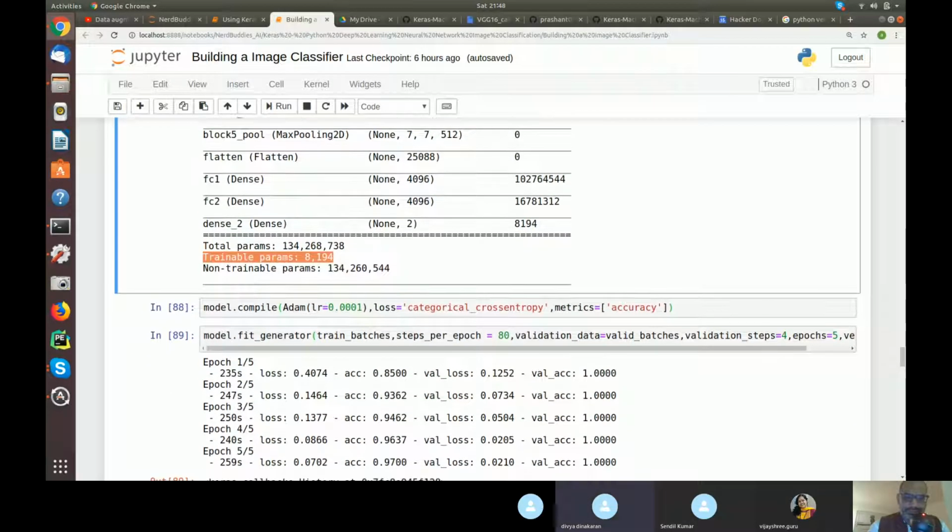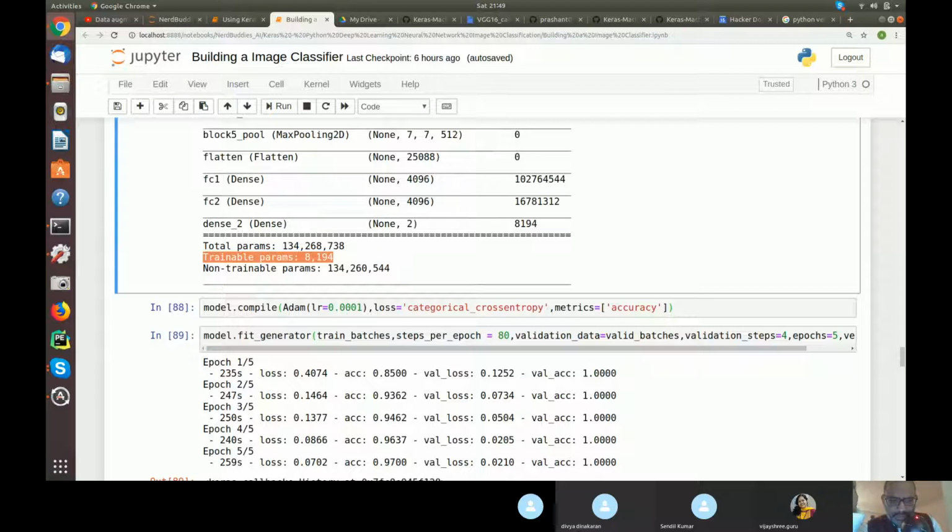So now we have the same 3 steps of building the model. So what are the 3 steps? Number 1, we create the architecture. So that we just did.